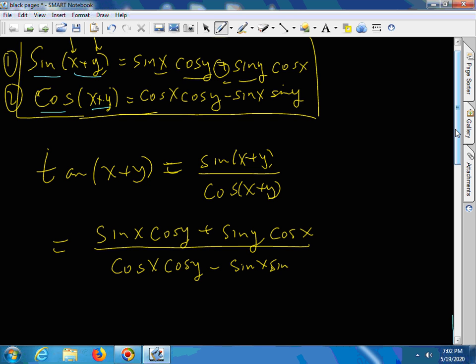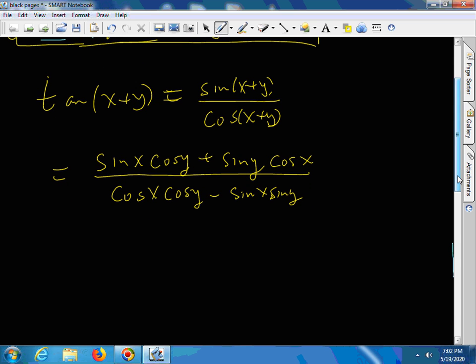Okay. So now I want to divide each and every term by cosine x, cosine y. I'm going to take this term and divide it by cosine x, cosine y.